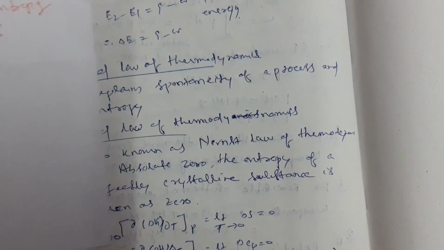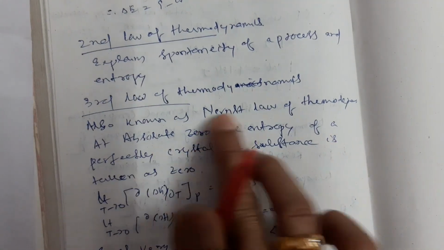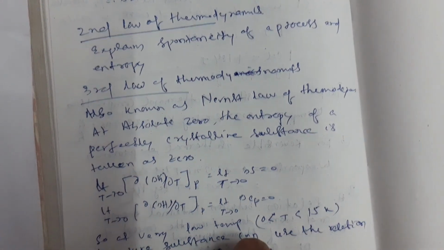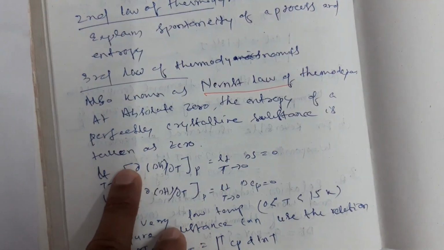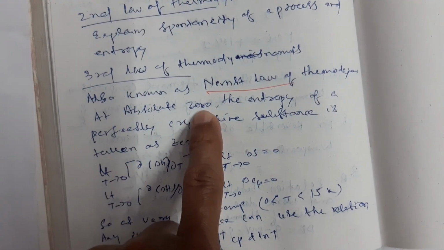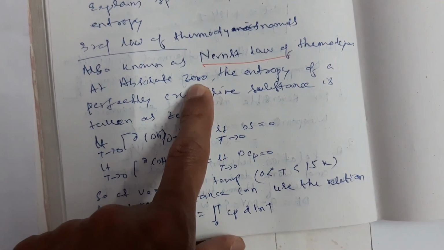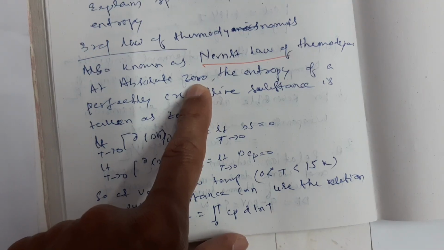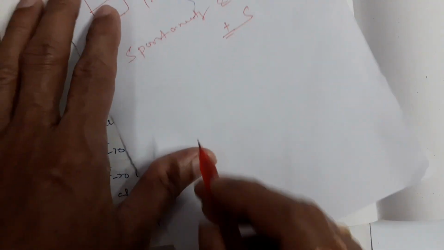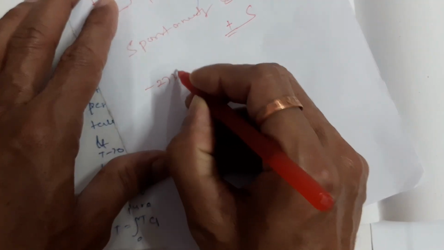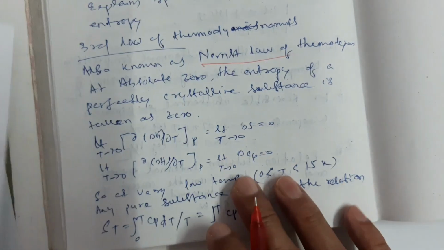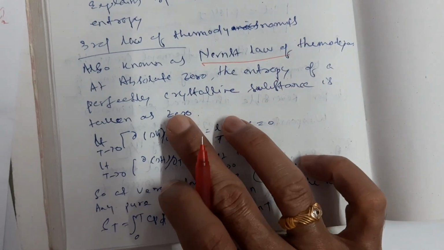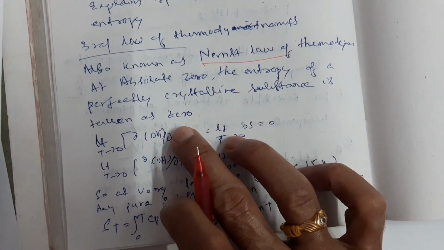Third law of thermodynamics, also known as Nernst law of thermodynamics. At absolute zero, which is minus 273 degrees centigrade, the entropy of a perfectly crystalline substance is taken as zero.